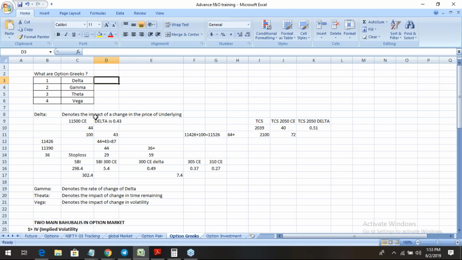We'll check examples now. Delta denotes the impact of change in price of underlying. So we'll take an example: Nifty CMP is 11,922, and you know that Nifty will go towards 12,000, and you want to buy call.